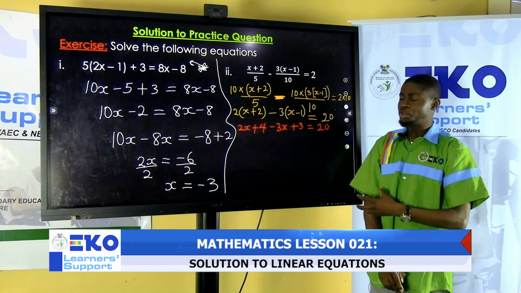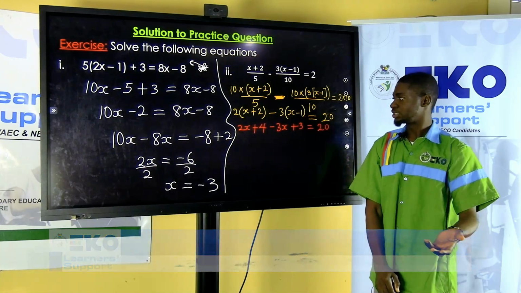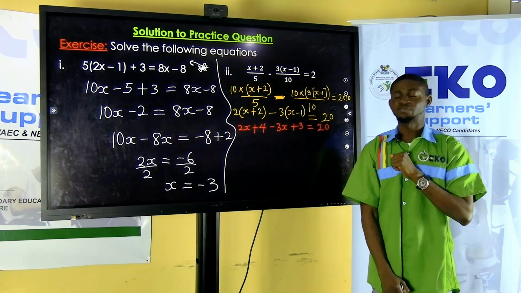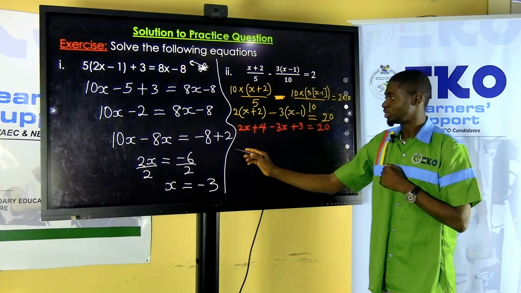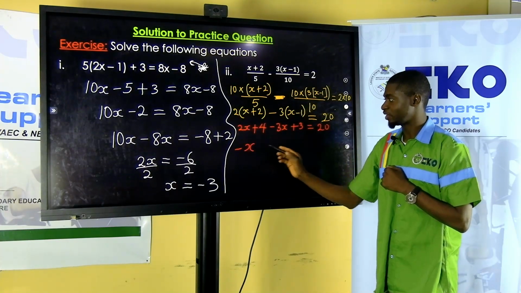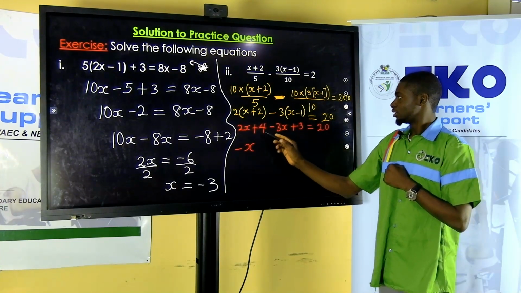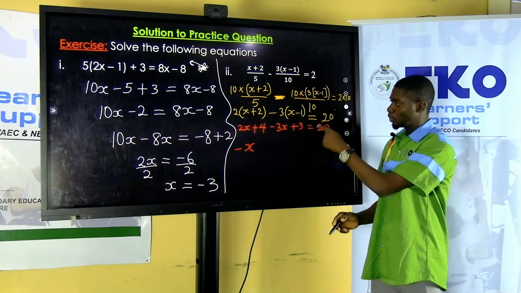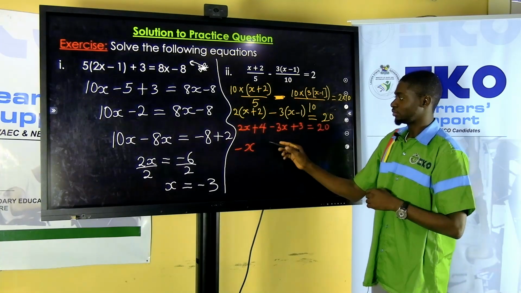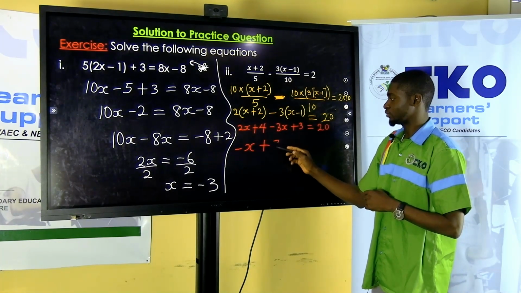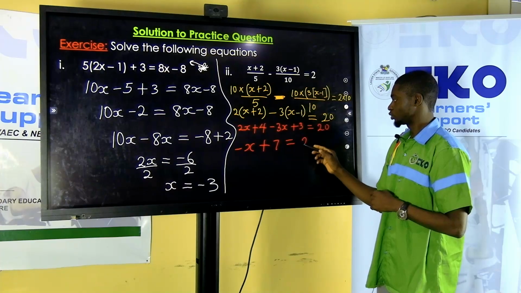So you are owing 3x, you pay 2x. That means you still have 1x left that you are owing. So that is going to be negative x. That's what you have left. You have 4 plus 3. That's 7. Plus 7 equals 20.